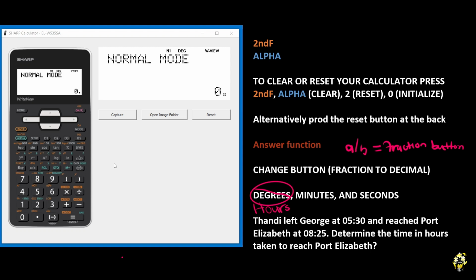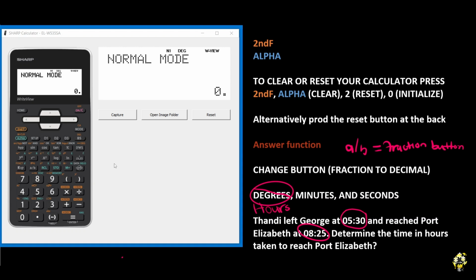We'll get to this when we go in depth with speed, time, and distance in the videos that follow. So you just have to take the arrival time, 8:25, and then subtract 05:30.